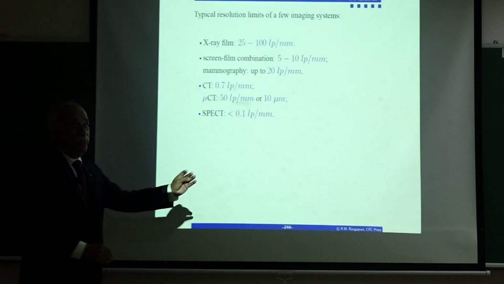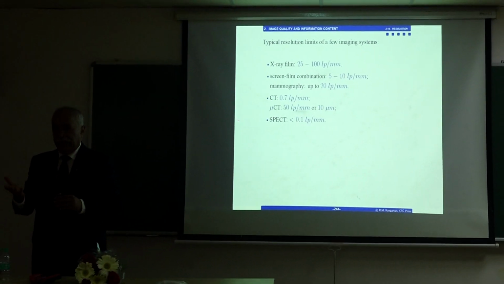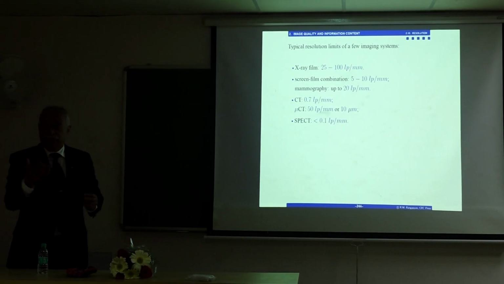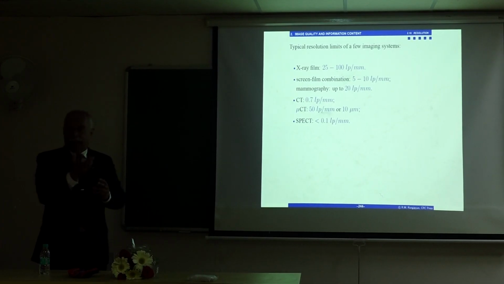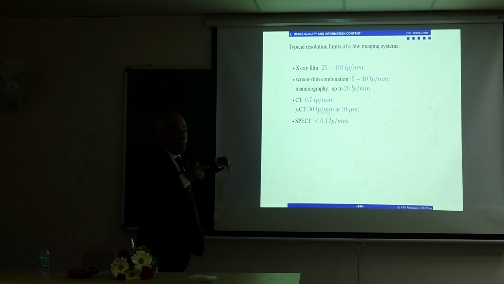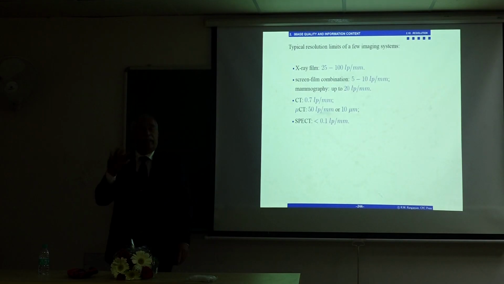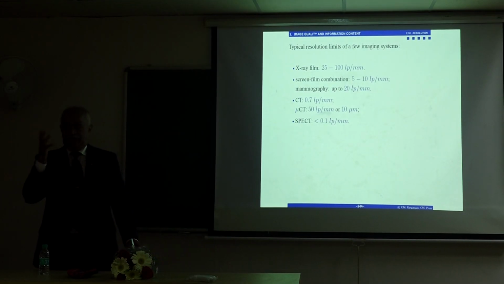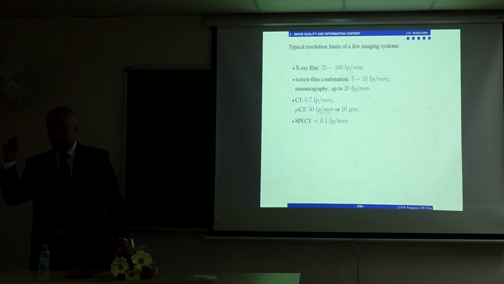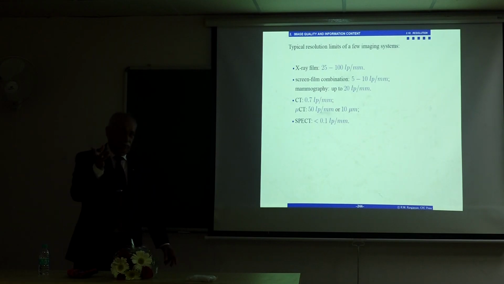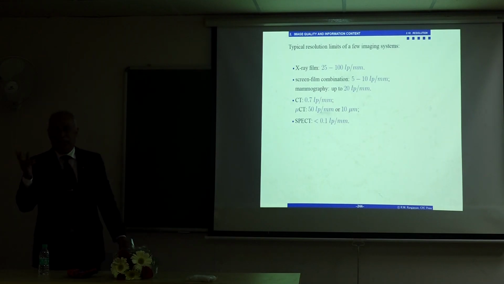Screen film combination: when you put a fluorescent screen to convert X-ray photons to light and then a film to capture the light, there is blurring by the screen. Or in the case of SPECT imaging, SPECT is single photon emission computed tomography, and PET is positron emission tomography.